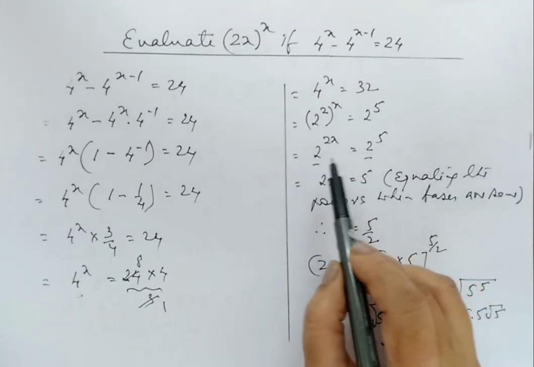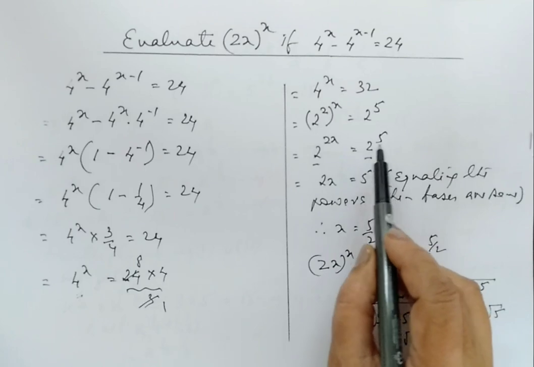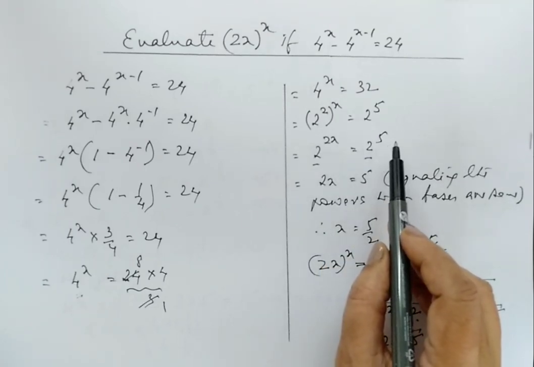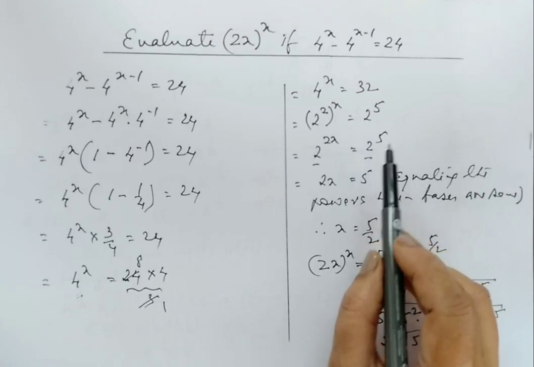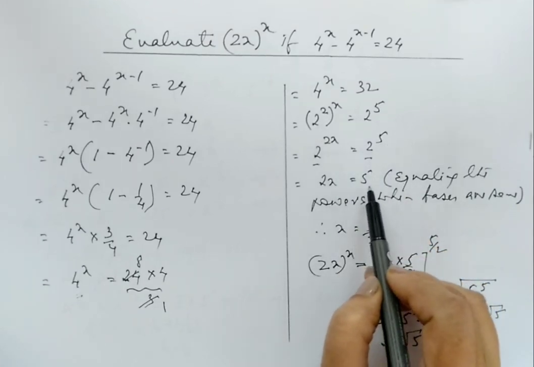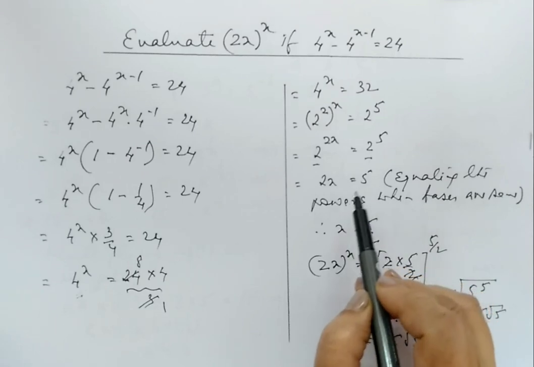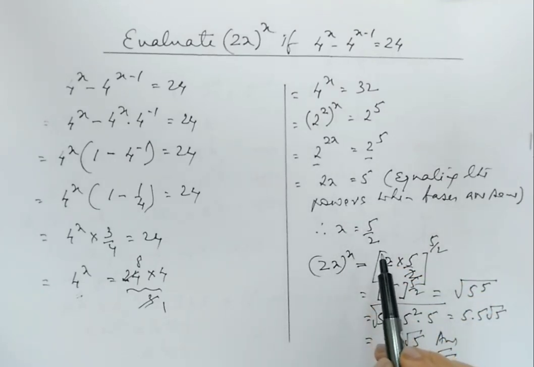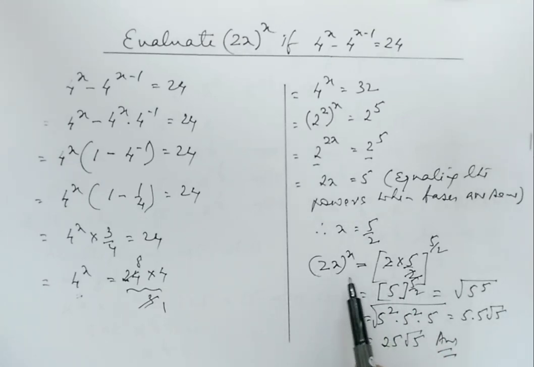Now we are in a position to equate the powers. Got it or not? So next we compare the powers and we get the value of x, which is 5 by 2. Now it is easy for me to calculate, which is what I do over here.